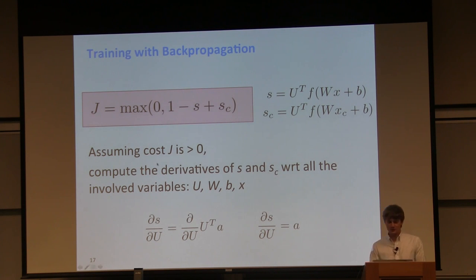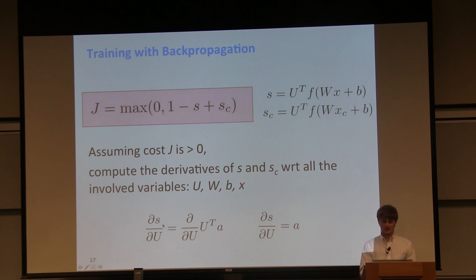So now we'll compute the derivatives of the score s and the score of the corrupted window s_c with respect to all the involved variables that we have, which will be U, the final scoring layer, W, the weight matrix of our first hidden layer, the bias term b, and x, our word vectors in that window. Now, because s and s_c are basically the same, I'm just going to go over s, and you just basically have negation in front of these two to differentiate the two.